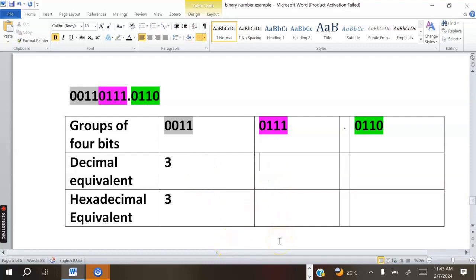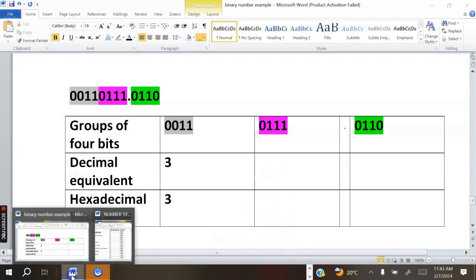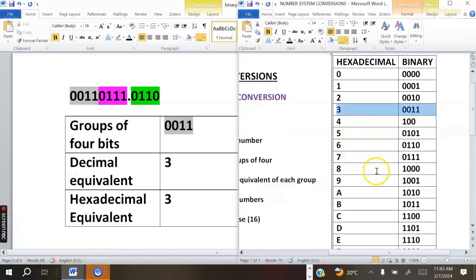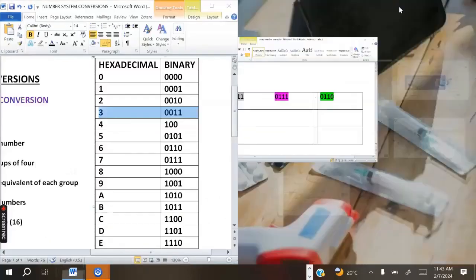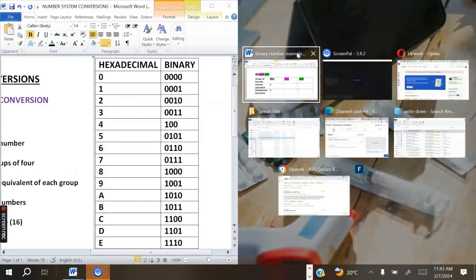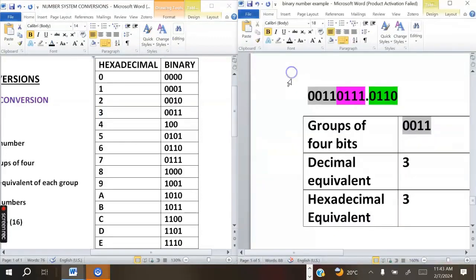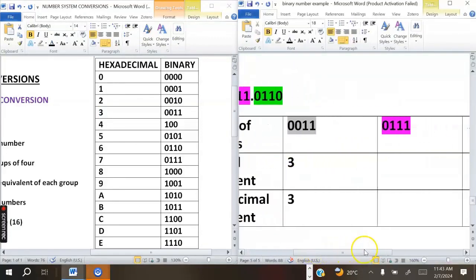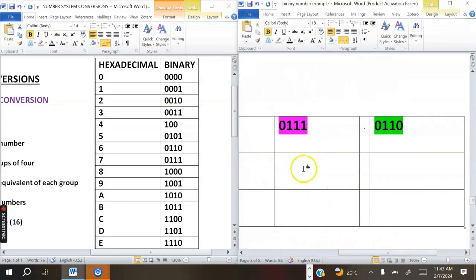Then for 0111, it's supposed to be 7, as you can see.